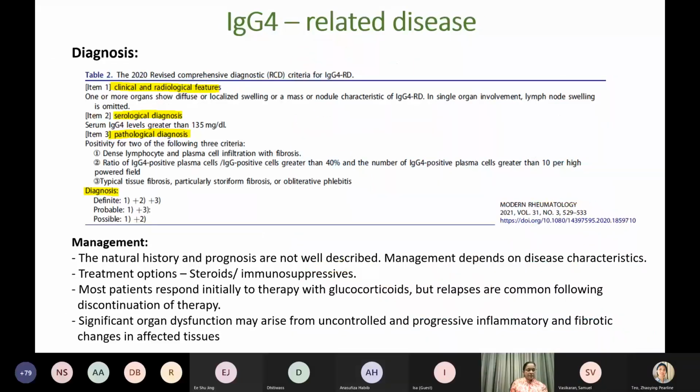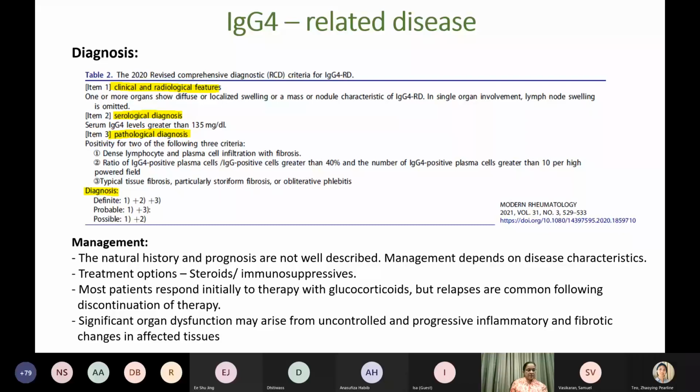Diagnosis of IgG4 disease is based on clinical, radiological, and histopathological features, but serum IgG4 level is also included in the diagnostic criteria. So you need to have either 2 or all 3 of these features to confirm the diagnosis.